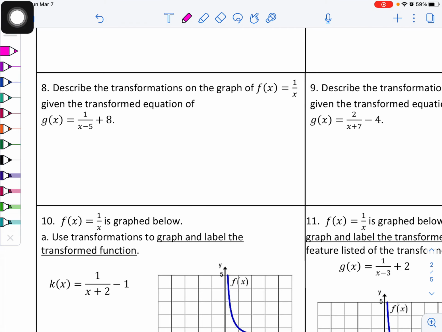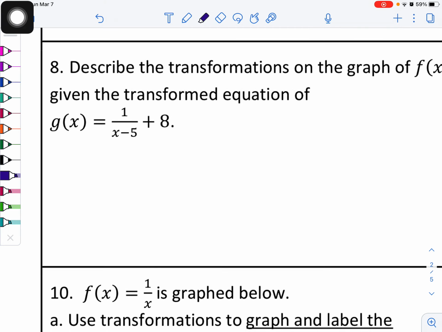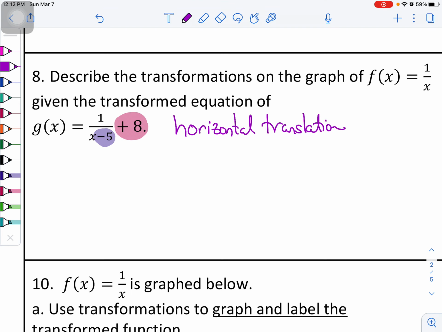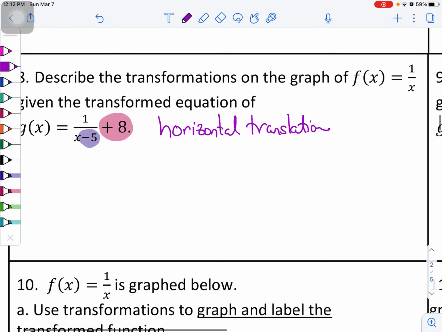All right, I'm going to go ahead and slide on down to number 8 here. Describe the transformations on that graph given that transformed equation. All right, so I color code this just for giggles. I've got a minus 5 here attached to x, and I have a plus 8 here attached to the fraction. So anything that's directly attached to x is going to be some kind of horizontal change.